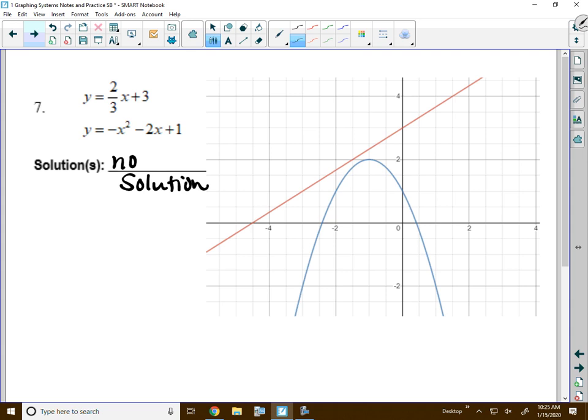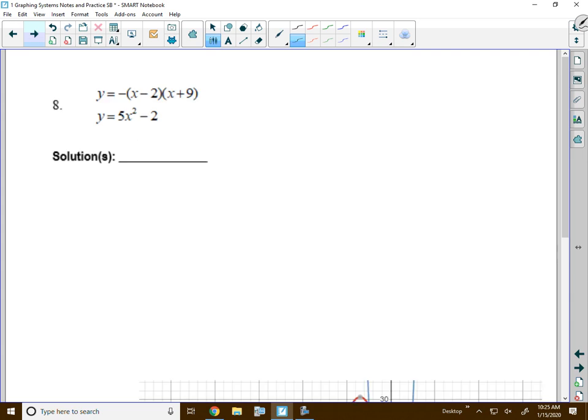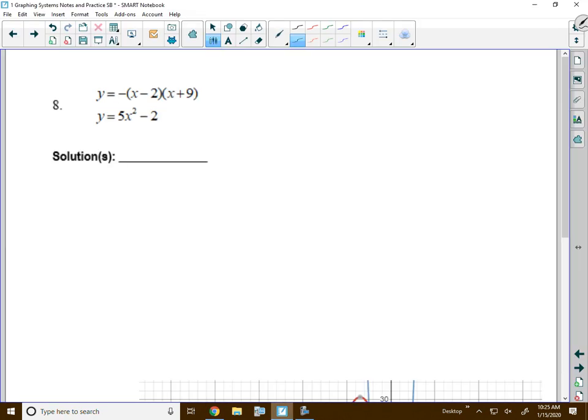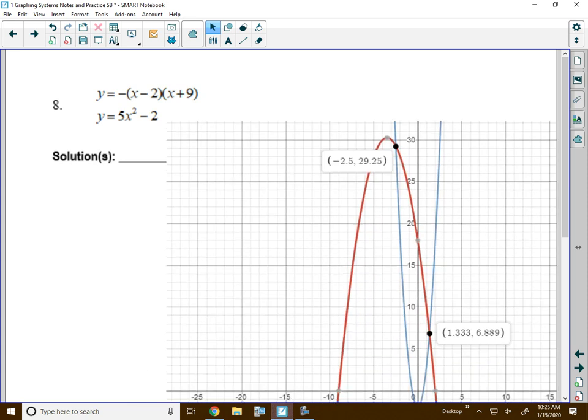Okay, one more. So this one, let's see what happens. Is this a quadratic? Anybody know? If I had to do an x times x, what's that give me? X squared. So they both are quadratics. Let's see what happens with these.